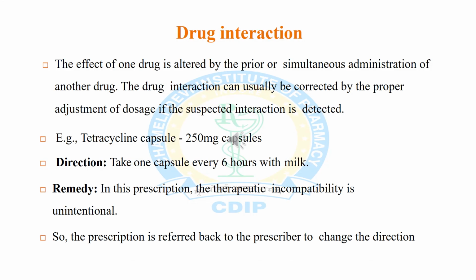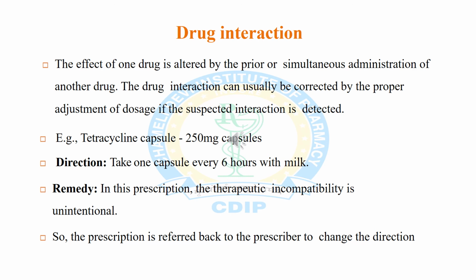Now, the last reason behind the therapeutic incompatibility is drug interaction. In drug interaction, the effect of one drug is altered by the prior or simultaneous administration of another drug. When we administer two or more drugs simultaneously or prior to the drug, they can interact with each other and form undesirable or sometimes toxic products which can be harmful.